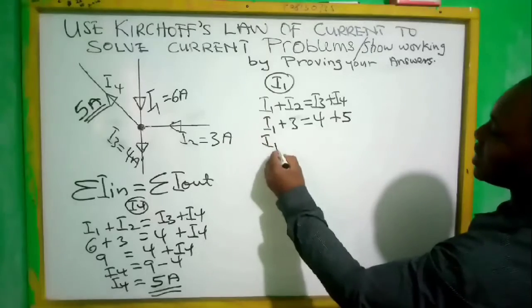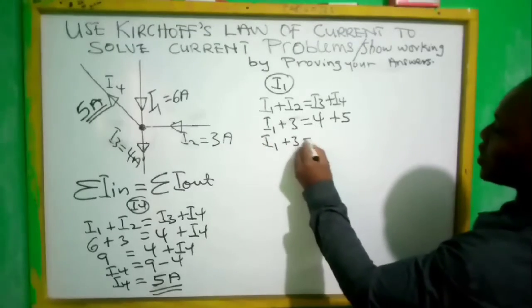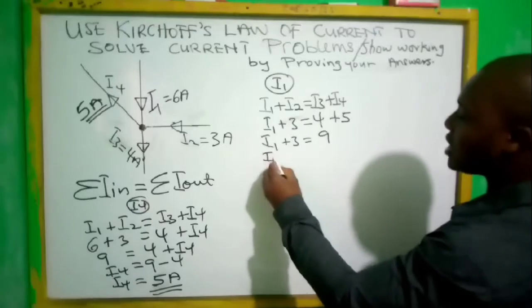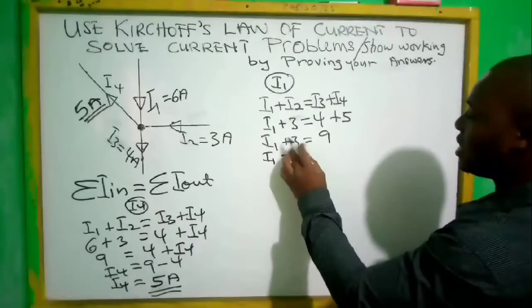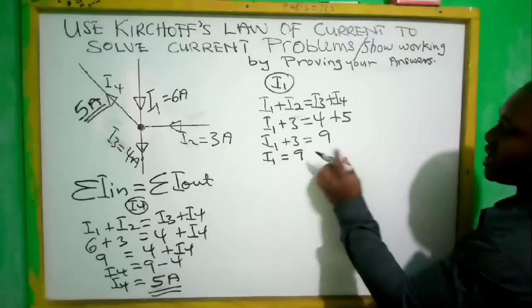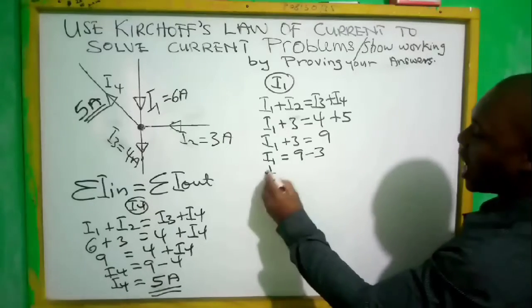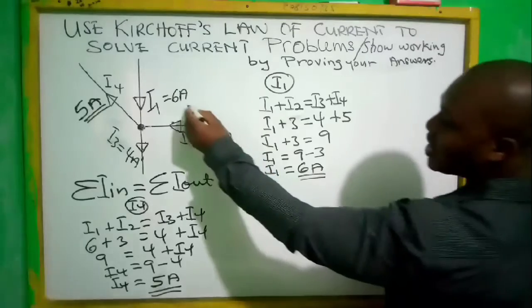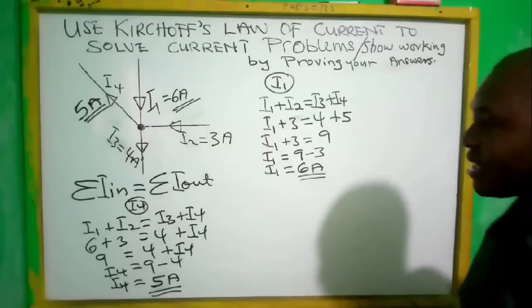So I1 plus 3 is equal to 4 plus 5, which is 9. So I1 is equal to 9. When this 3 crosses the equal sign, it becomes minus 3. So I1 is equal to 6 amps. You see that we got the same answer, 6 amps.